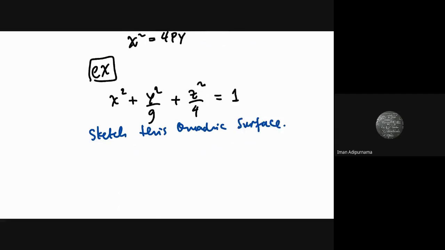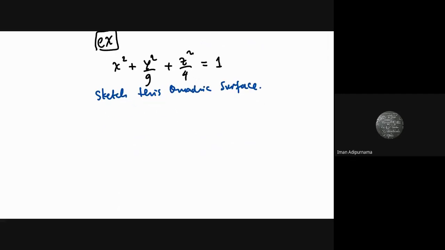let me write some terms here. If z is 0, then it becomes an ellipse.